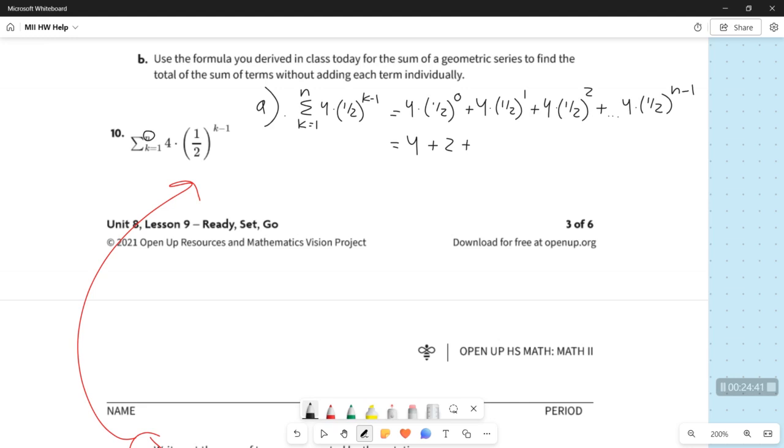Our third term, 1/2 to the second power is 1/4, and 4 times a fourth is 1, plus, and then our last term, we really can't clean this up in any obvious way. We have to just leave it like that. And that's our answer for part A. So go ahead and put a box around that.